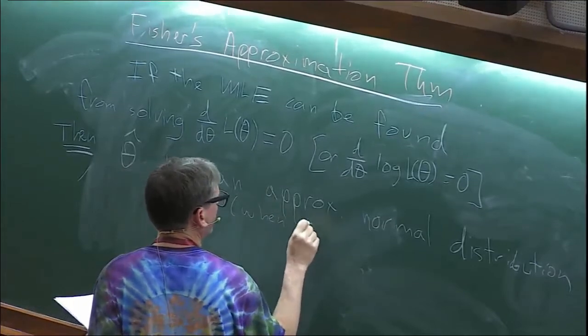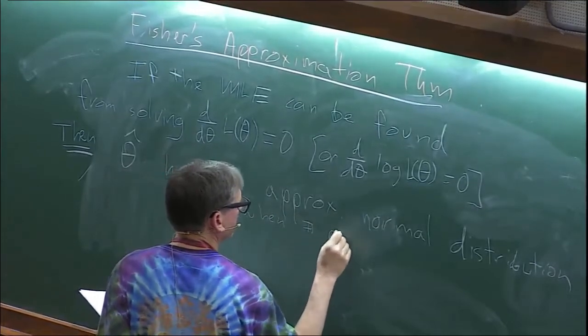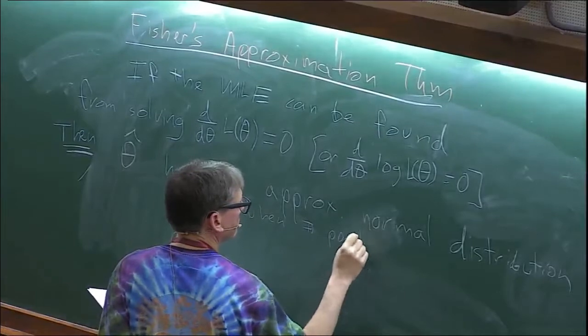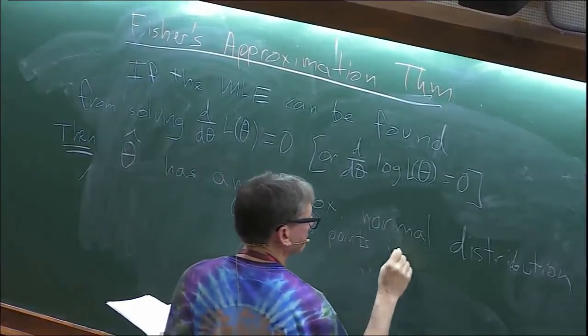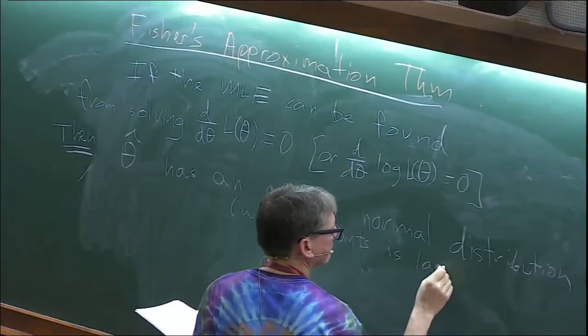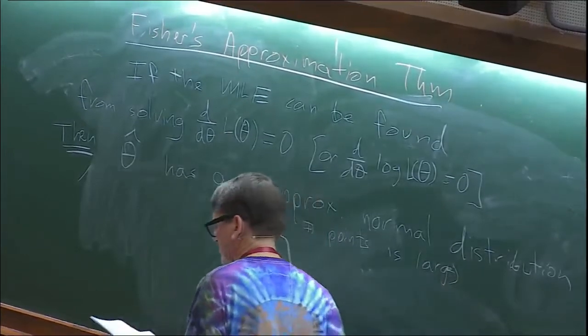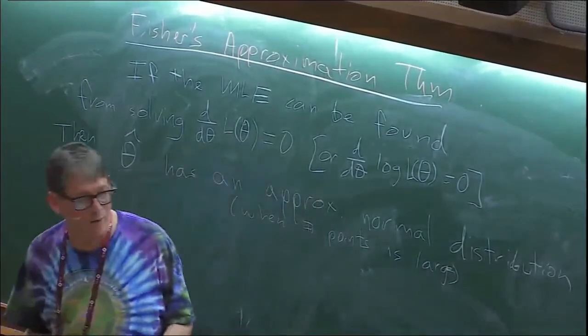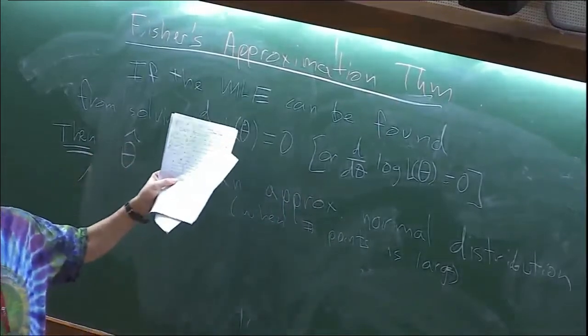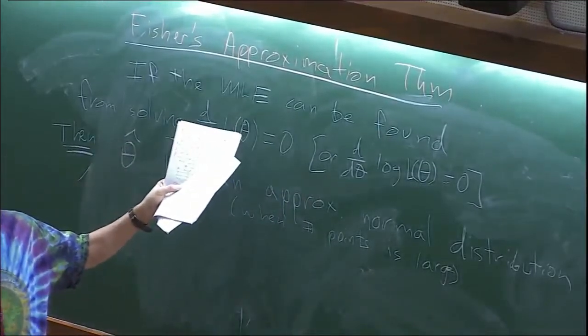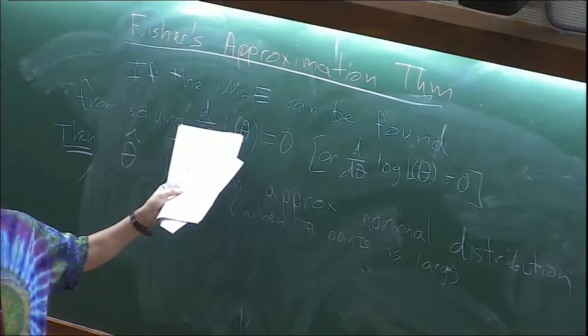When the number of points is large. Okay, I've already mentioned the cases where this might not necessarily apply, which is if the estimator is at the edge of the domain.